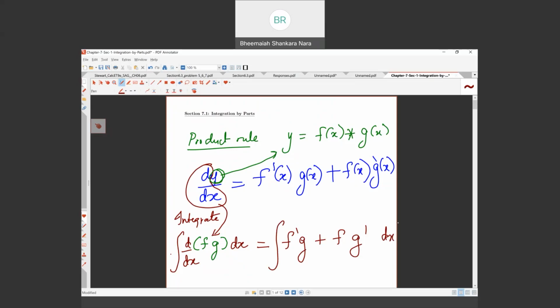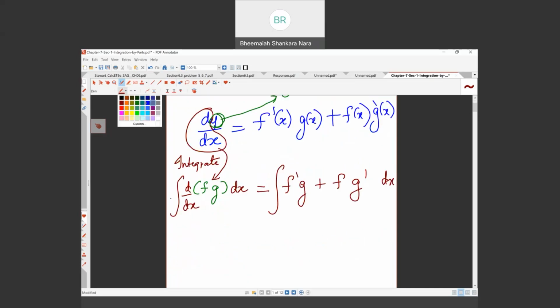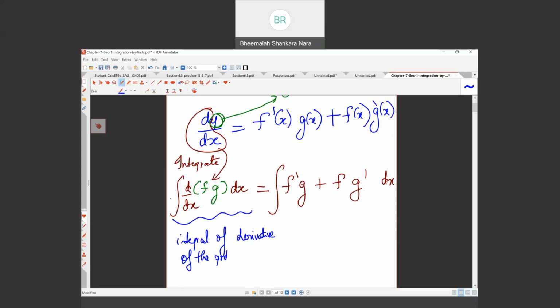Now we want to read this expression on the left carefully. So when you read this, you write, this is the integral of, what is the function we are integrating? Derivative, we see d over dx, derivative, and the term we are differentiating is the product term. So you call it the derivative of the product term.